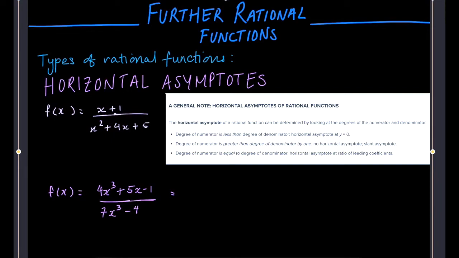But keep in mind that the slant asymptote can only be when the degree of the numerator is greater by just 1. So if it's 3 and 2 or 4 and 3, then that means we have a slant asymptote. But it would be very rare for you to come across a rational function that you would have to graph where the degree of the numerator is greater than the degree of the denominator by more than 1.